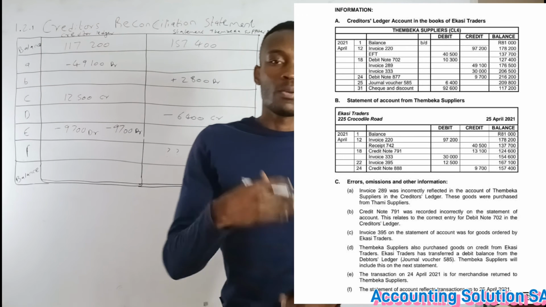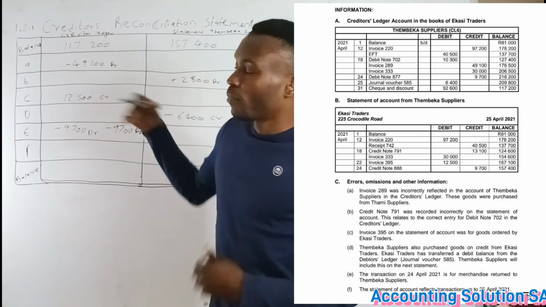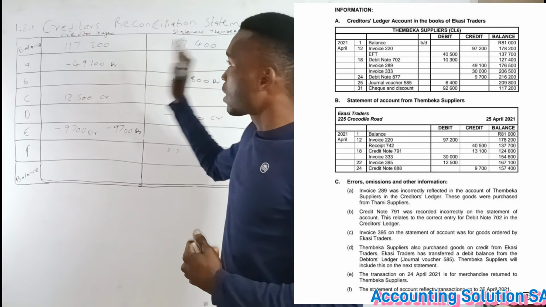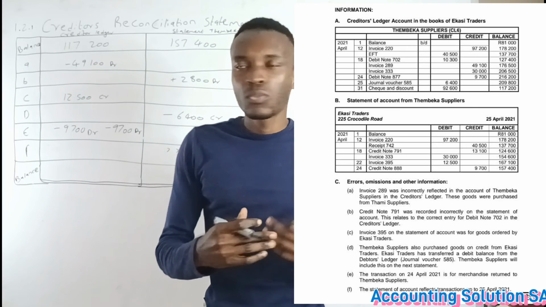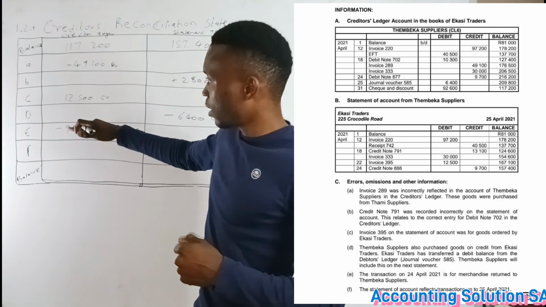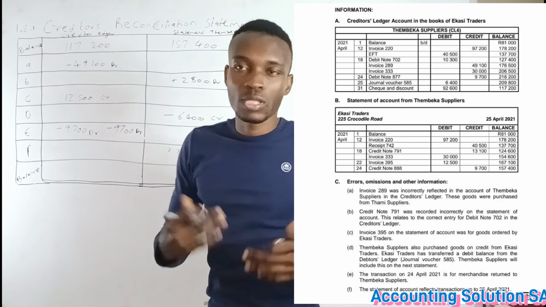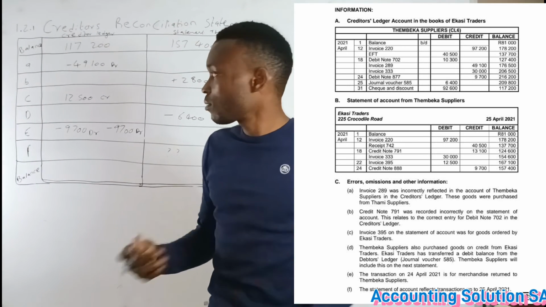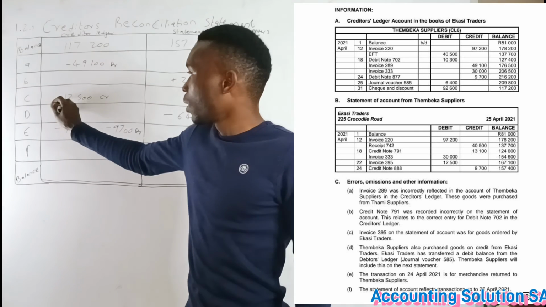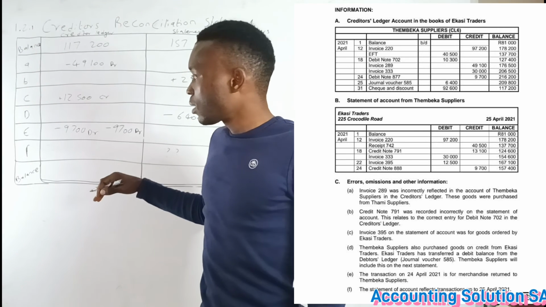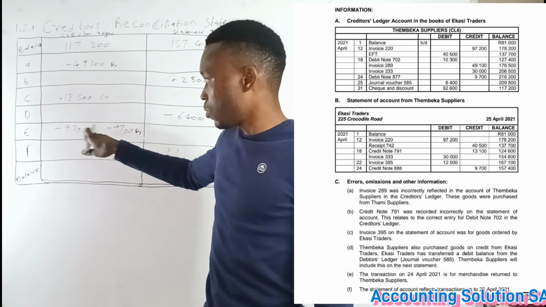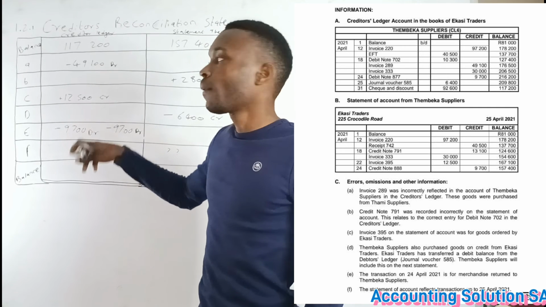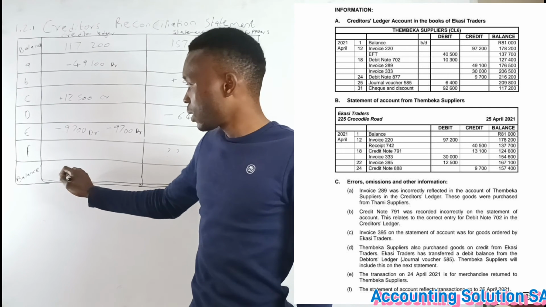What we are going to do, because we know that this statement must be the same as this one, is to add everything here. Whatever is negative, we subtract. Whatever is positive, like this one, we are going to add. Then after that, make sure that you do both of them. Then after that, we're going to get what?